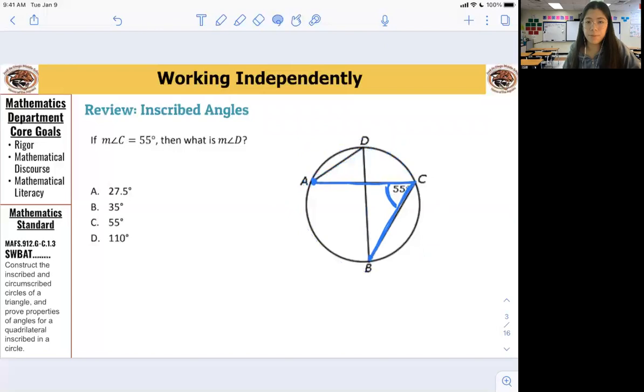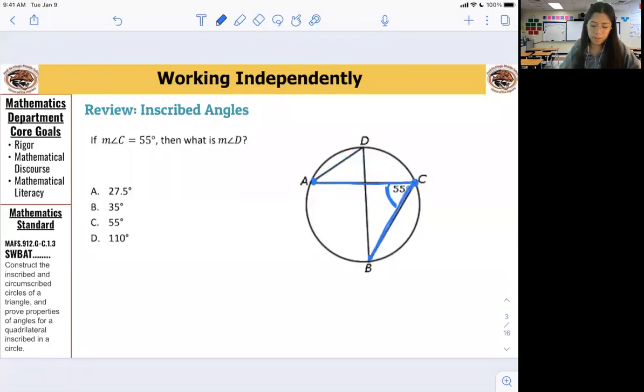It's still going to be 55 degrees, no matter where you go on this circle. As long as it's touching A and B, it's going to be 55 degrees. So that's why ADB is also 55 degrees. And you could go anywhere.